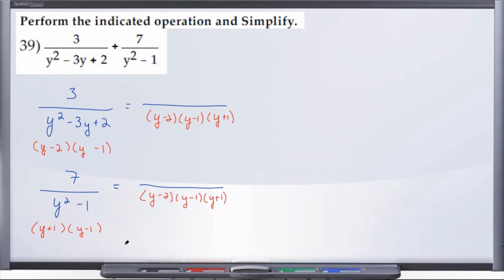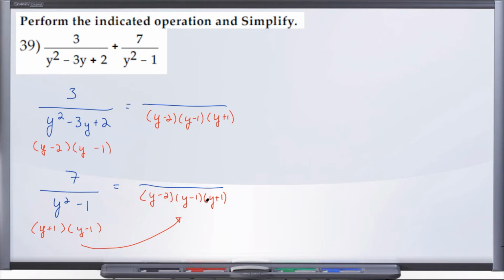All right. And now what we want to do is figure out what we have to multiply by in order to combine these two fractions into one. Because we're going to start here in the bottom fraction, if we started originally with a y plus 1 and a y minus 1, but we know that we're going to the common denominator here, what did we have to multiply by in order to get this common denominator?